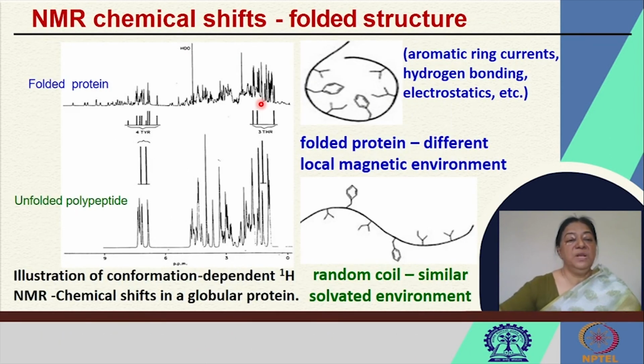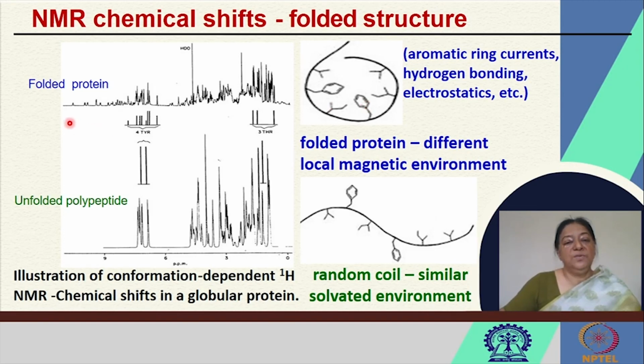So for example, if we look at NMR chemical shifts in a folded structure, we are looking at, say, the tyrosine or the threonine or different types of residues that have hydrogen in them. If we are looking at a proton NMR, we are interested in the chemical shifts in the globular protein.